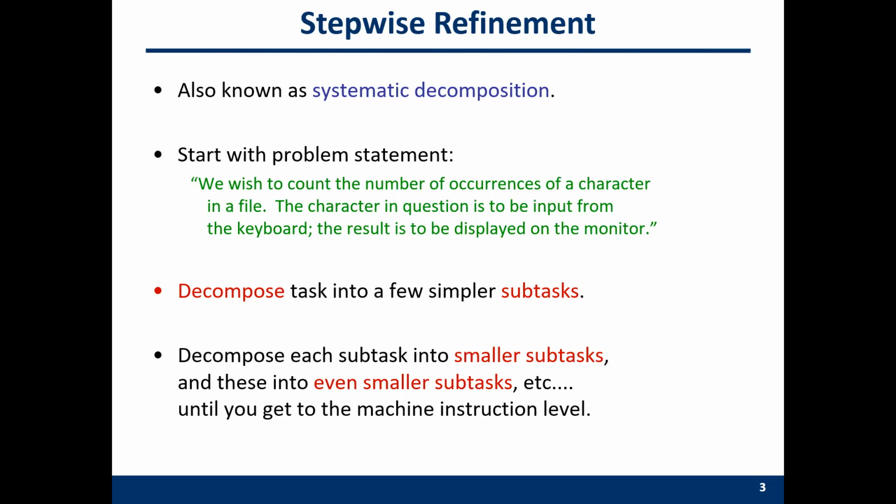When we have this large problem, we need to decompose it into multiple simpler subtasks. And we can continue to decompose each subtask into smaller subtasks until you have all the tasks written even by the memory instruction.